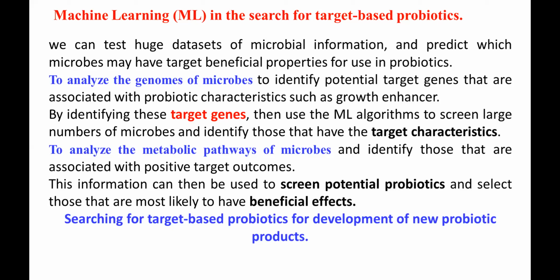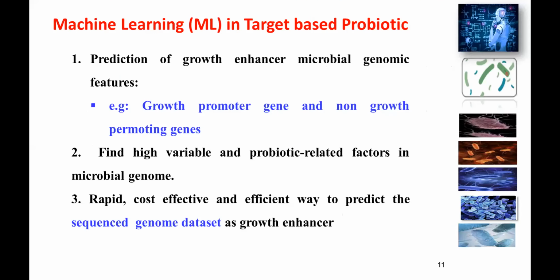For example, for prediction of growth-enhancer microbes from genomic data, if you want to enhance the growth parameters of poultry, you have to search out the genes that will be used for the preparation of a probiotic which can improve the growth performance of the poultry and improve meat production.